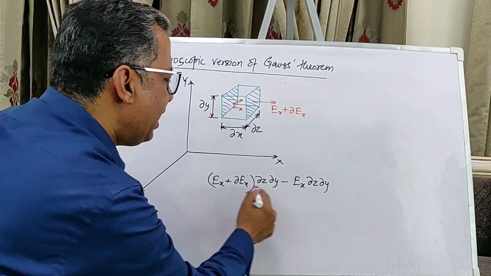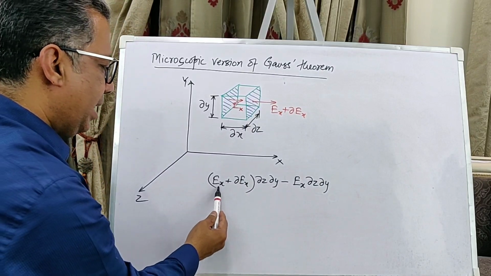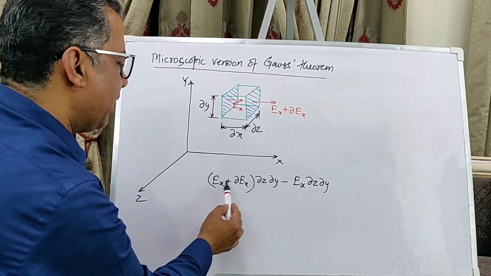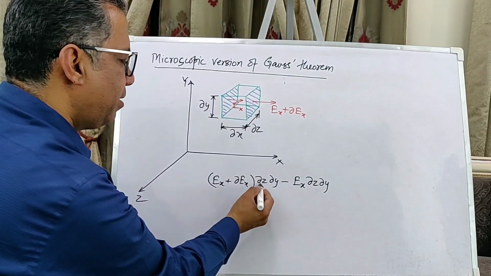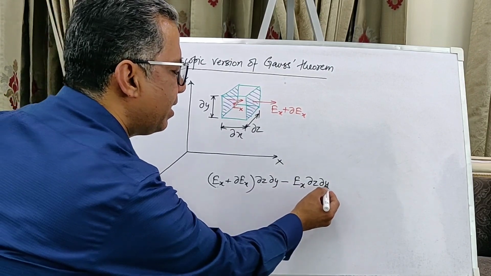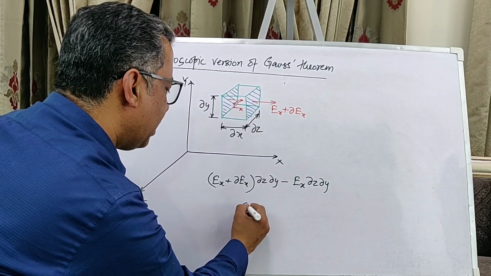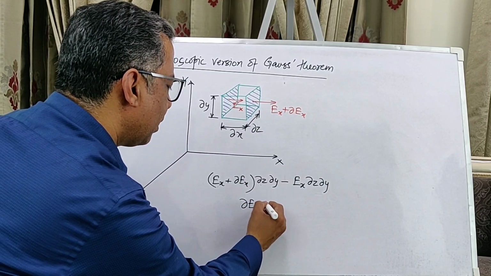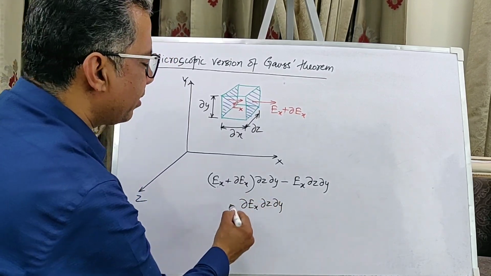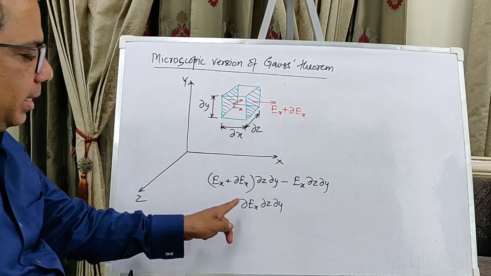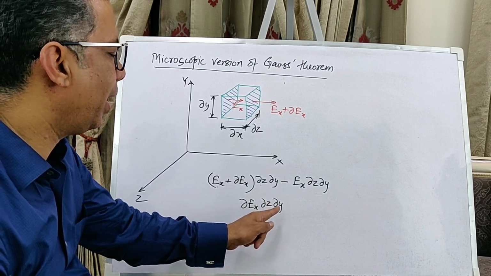So the flux through these two surfaces: Ex into del z del y minus Ex into del z del y comes out to be 0. And so you're left with del Ex del z del y. That's the total flux through these two faces. Del Ex, notice the pattern, del Ex times del z del y.